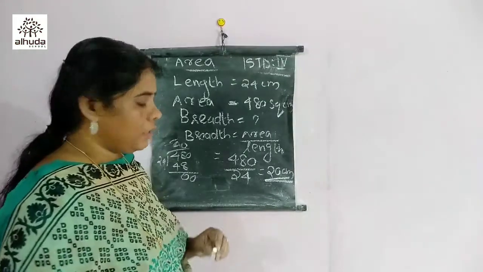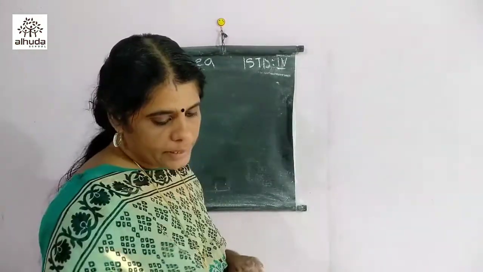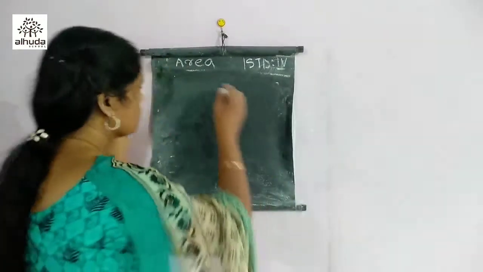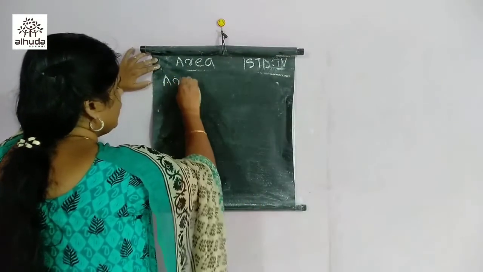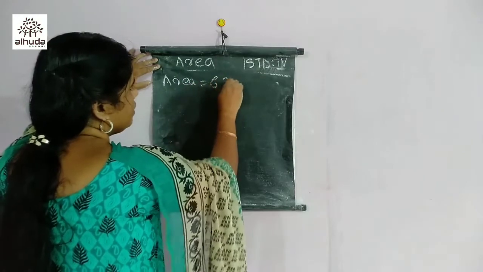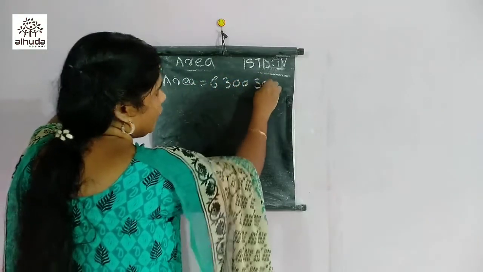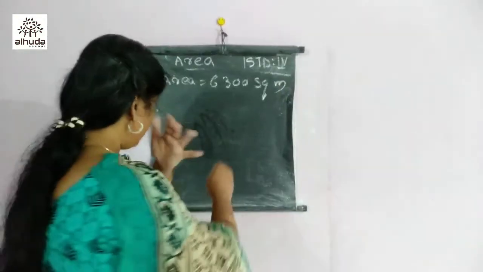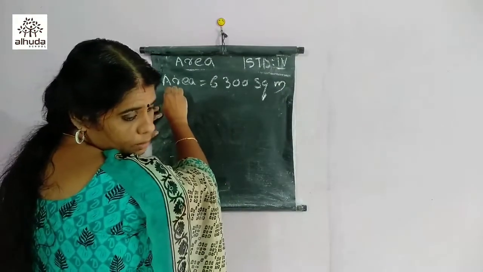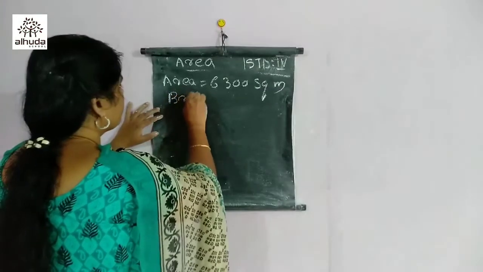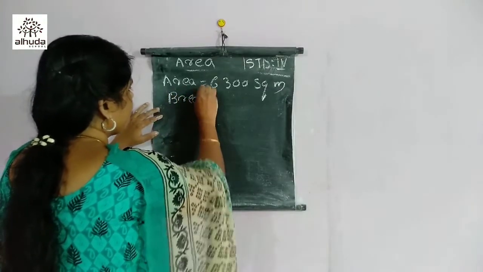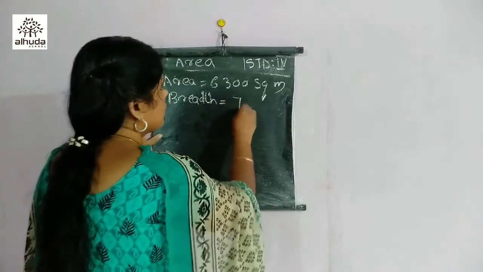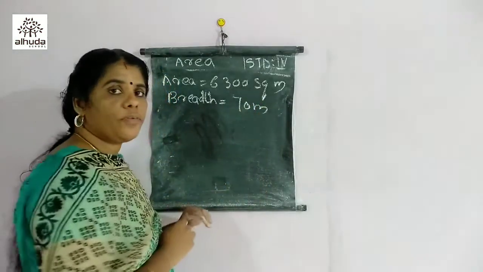Okay. Next question. Breadth is given, area is given, you should find the length. Area is given as 6300 square meter, and breadth is given as 70 meter. We want to find the length.